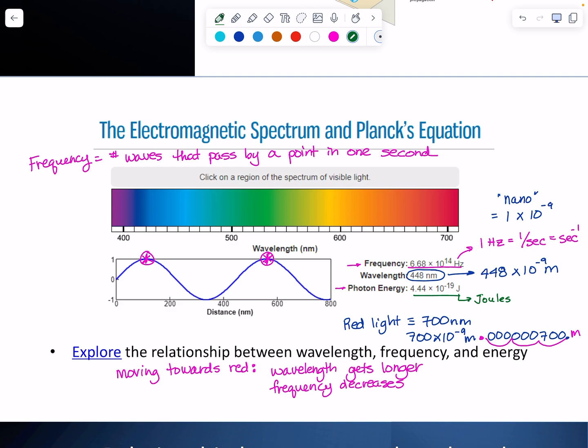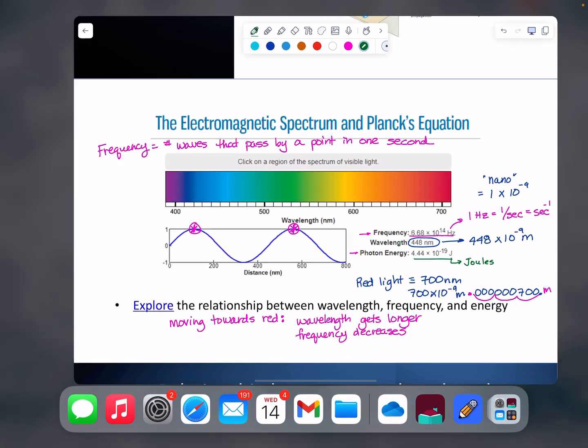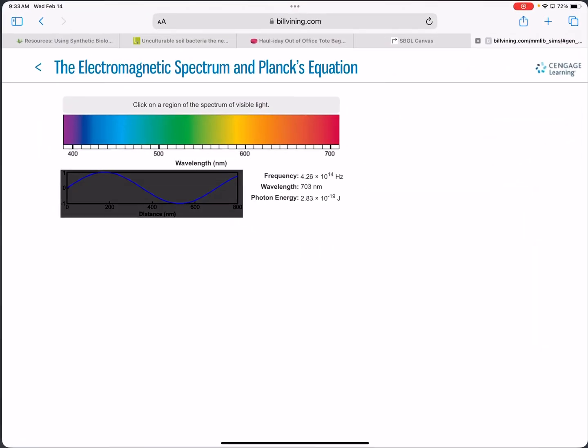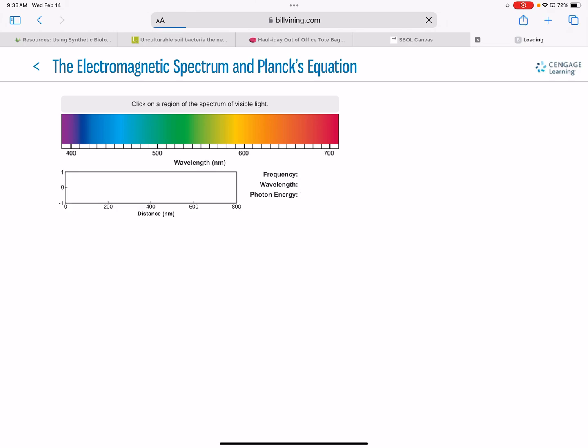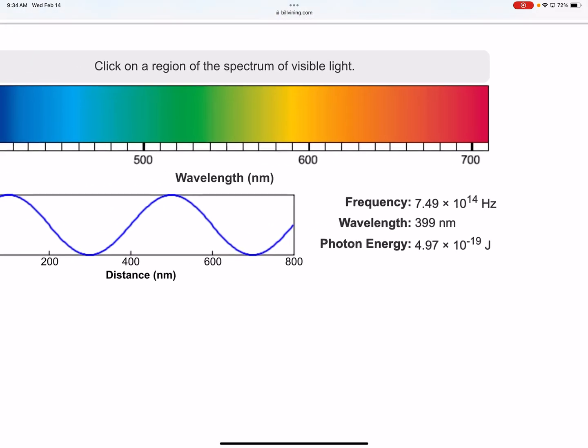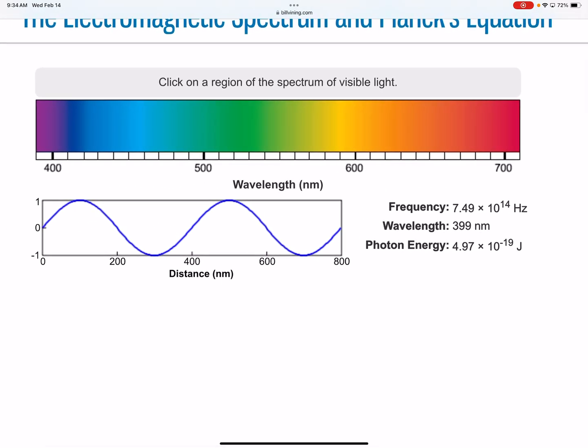All right, so joules, okay, let's look at how the energy changes. Okay, reload this. There we go. All right, so we'll start with our high frequency, small wavelength over on the left, right, our purple. Okay, and this time we're going to focus on what this photon energy number is, okay? All right, so it's 4.97 times 10 to the minus 19 joules.